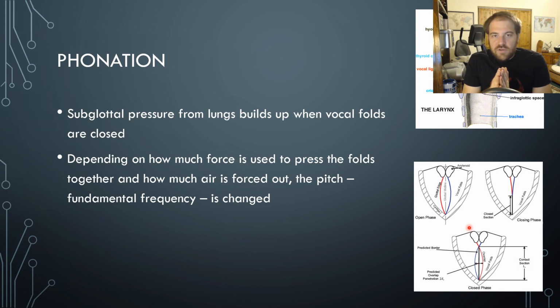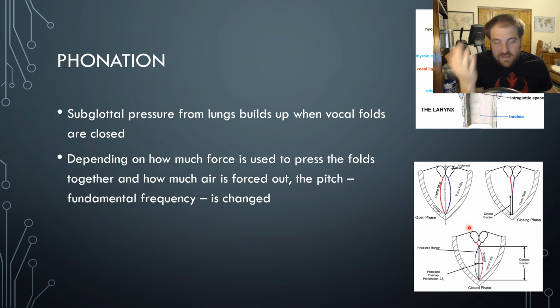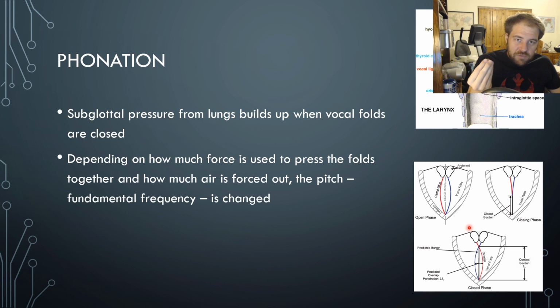Have you ever done the balloon trick where you blow up a balloon a little bit and you stretch it, and then you have the two sides that kind of vibrate together as the air comes out? That's exactly what's happening with your vocal folds. Air's moving between the two, they're vibrating together, and it creates kind of a buzzing tone. And that is the sound source for speech. This kind of buzzing tone.